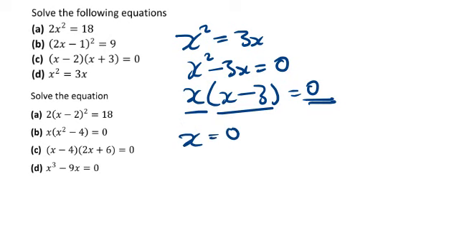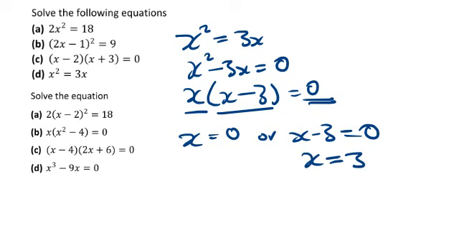So x is equals to 0 or x minus 3 is equals to 0. So for x equal to 0 we have found. Now here you just say x equal to positive 3 when it comes to the other side when you use elimination method like that, and that is our answer.